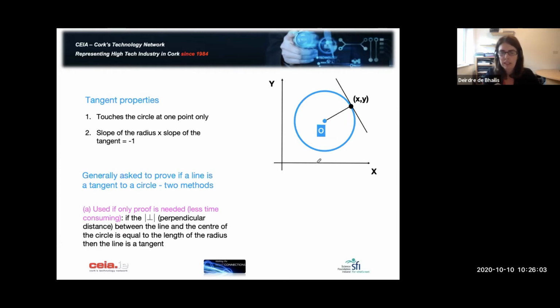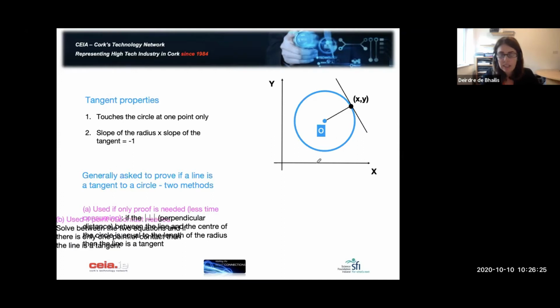What you can do in that case is determine the radius of the circle, and then find the perpendicular distance between the line and the center of the circle. If that's equal to the length of the radius, then the line is a tangent, and you have proved that it is. You do not need to progress to find the point of contact.